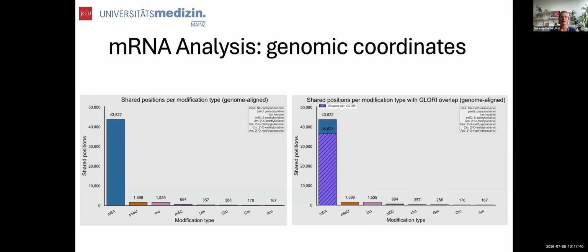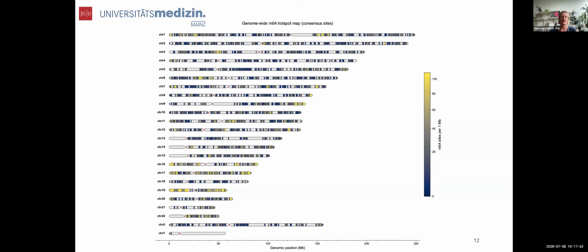And then we were asking how these modifications that are conserved and appear in each and every subject are distributed over the genomic location. So still we are on RNA level, right?